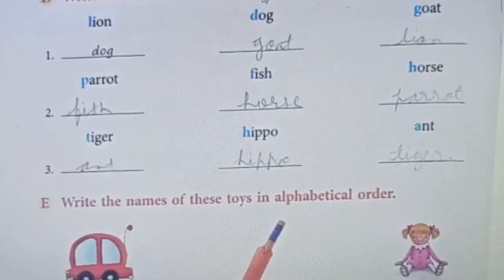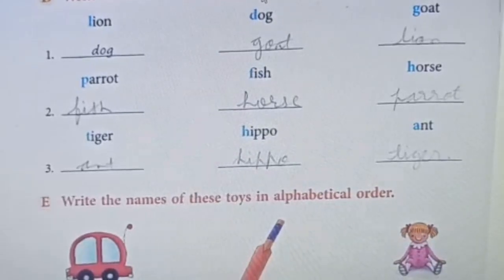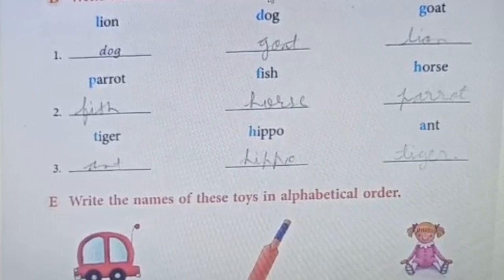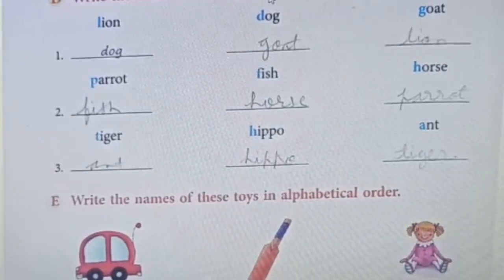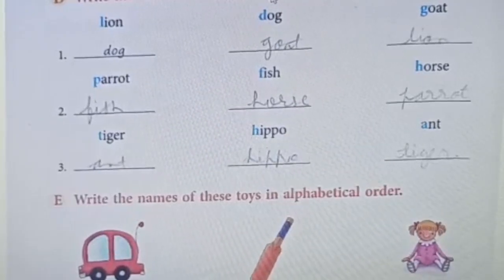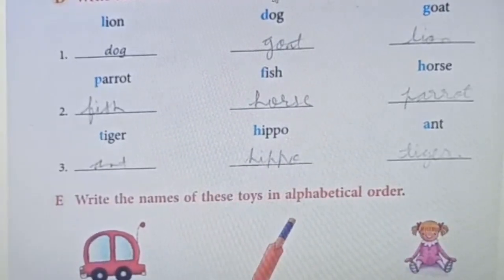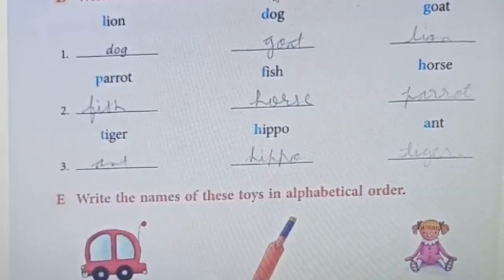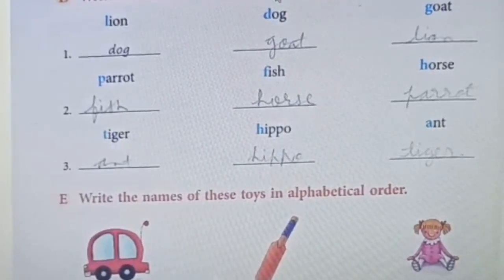So the right order will be dog, goat and lion. 2. Parrot, fish, horse. Fish, horse, parrot. Then 3. Tiger, hippo, ant. The right order will be ant, hippo, tiger.